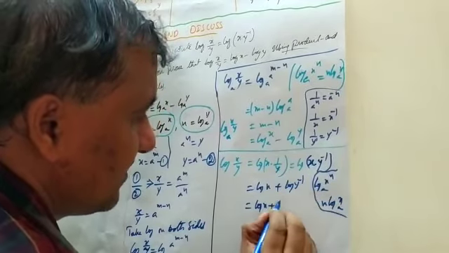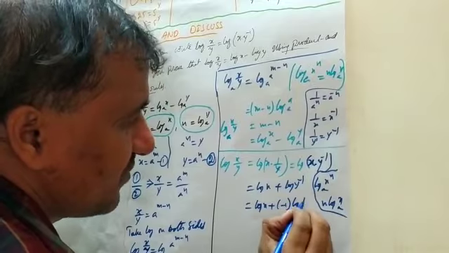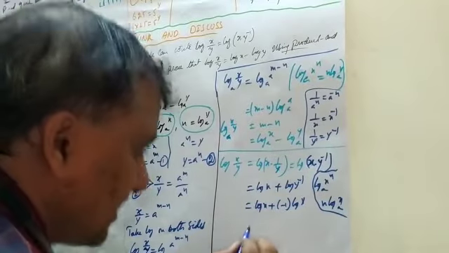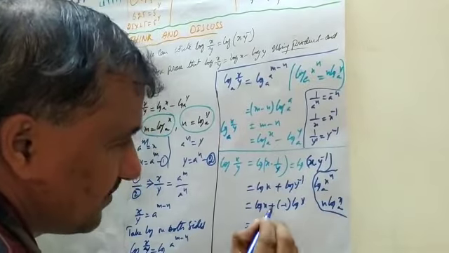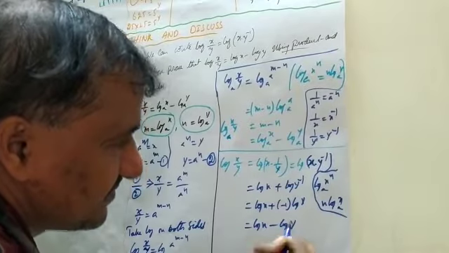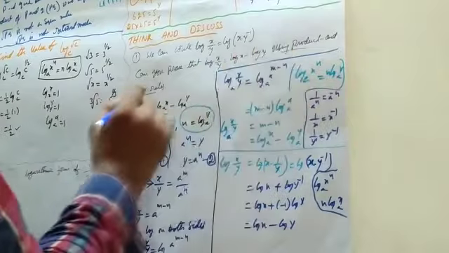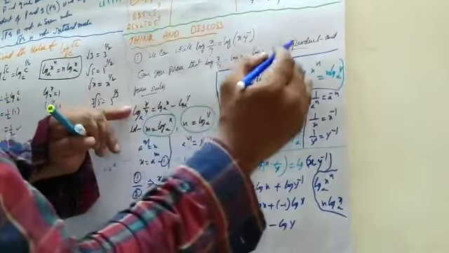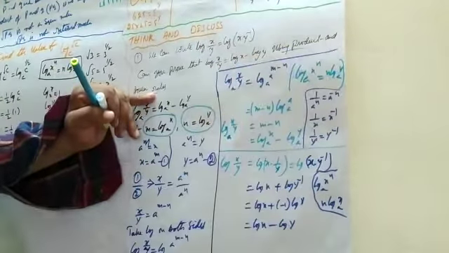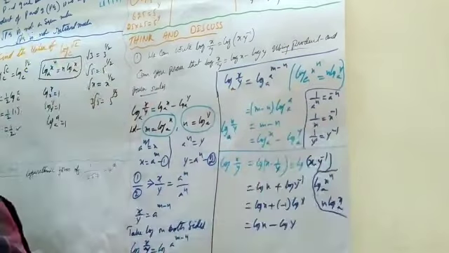According to this formula, minus 1 into log y, so log x plus minus log y. This uses the product rule and the power rule.